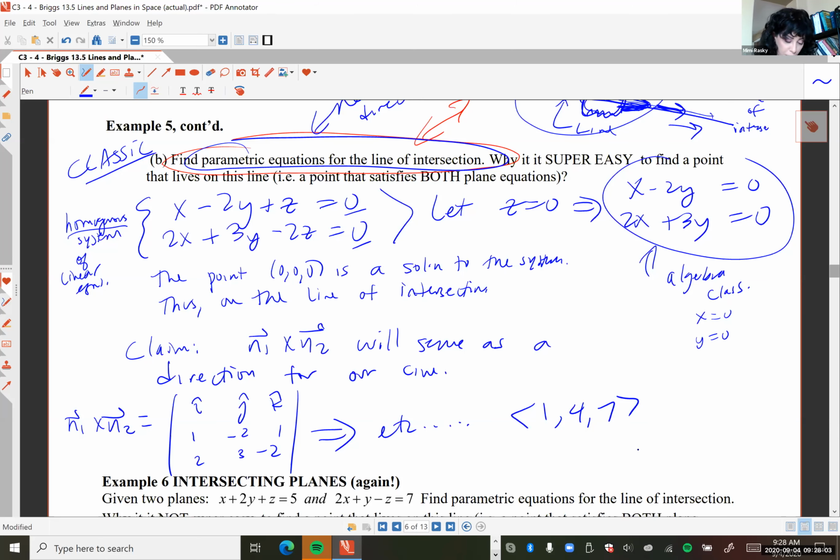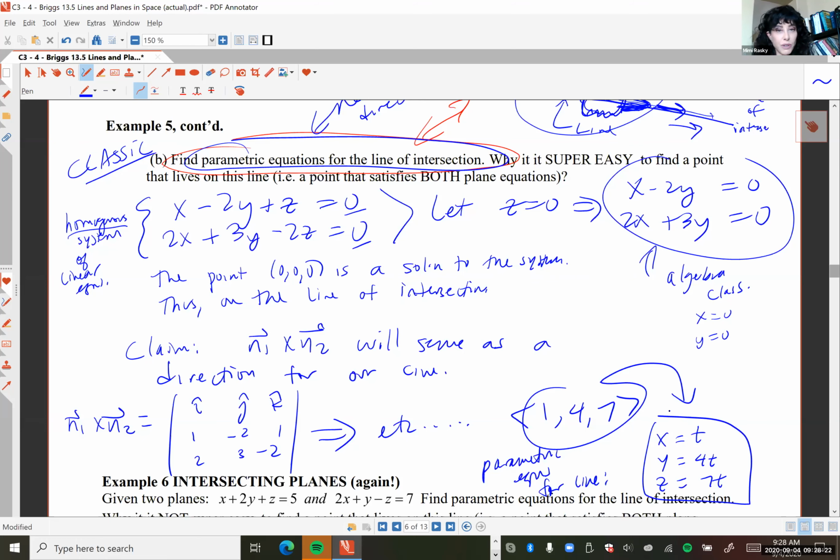And so now your parametric equations for your line, using the point 0, 0, 0 as the point, so we don't even need to put the zeros in there. These are going to be the coefficients for t. And remember, parametric equations for a line are not unique.